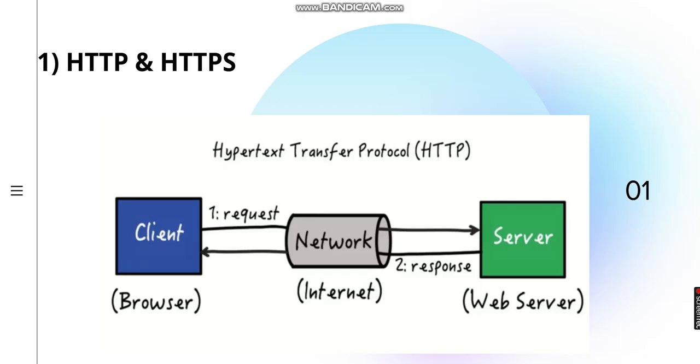If you have logged into a banking application and you are requesting some data about your amount, how much you have, or some IFSC code, any kind of data, and you are making use of HTTP, then a hacker can see the data, because in HTTP the data is sent in plain text format.